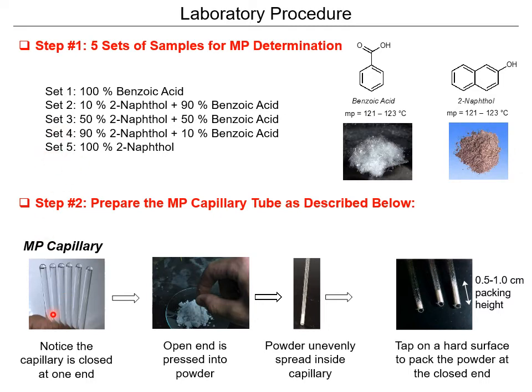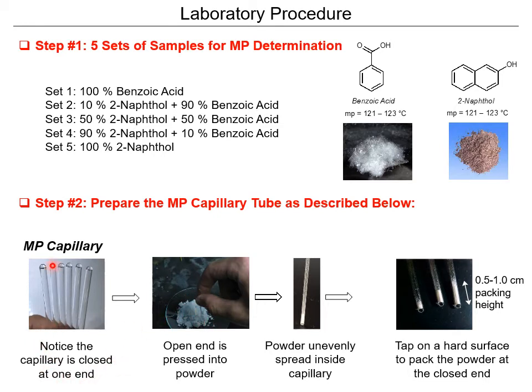You'll see here, these are the melting point capillary tubes. They look big in this picture, but in reality, they're really, really tiny. These are filled with compounds with these 5 different sets, and they're filled up like this, right?